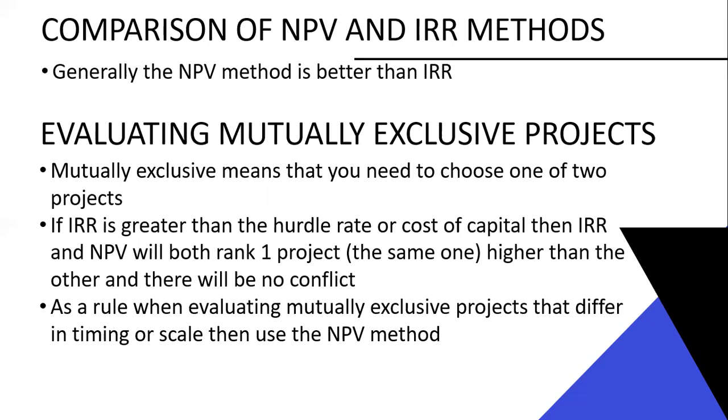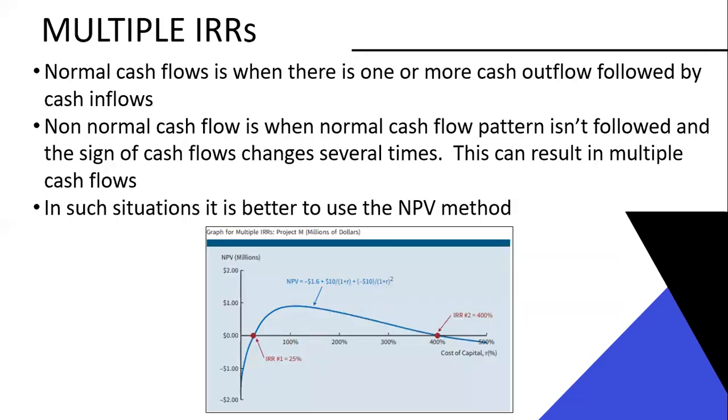Sometimes some projects are longer, some shorter, some are very big, some are very small. If you are trying to choose one or the other in such situations, always use the NPV method as compared to the IRR method. And I'll talk to you a little bit about why that is the case.